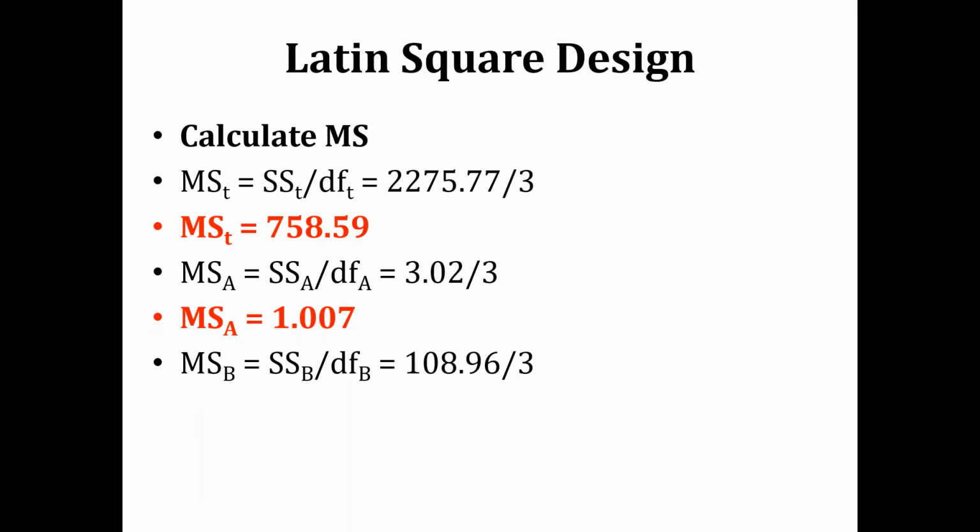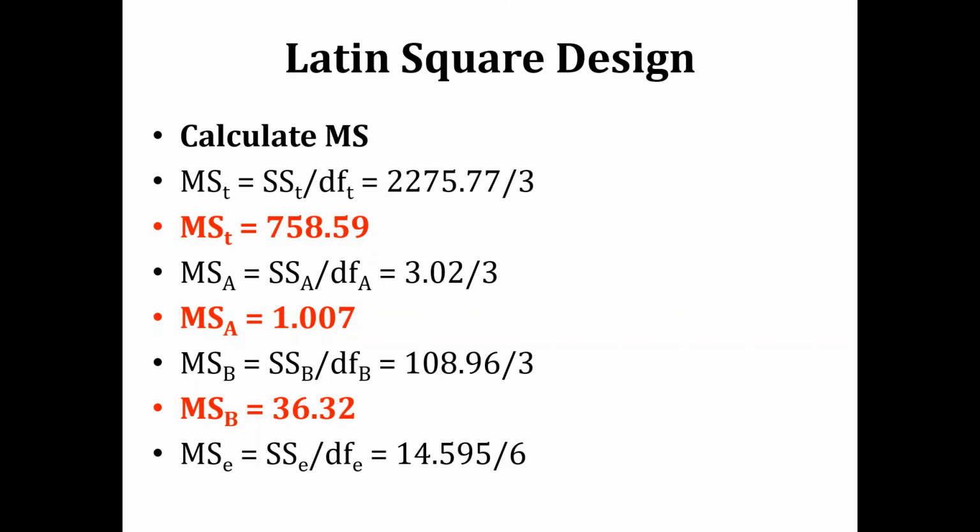Then we are going to calculate the variance or mean sum of squares for our gradient B. And for that purpose, we are going to divide the sum of squares for gradient B by degrees of freedom for gradient B. So 108.96 divided by 3, we get 36.32, which is the variance or the mean sum of squares due to gradient B.